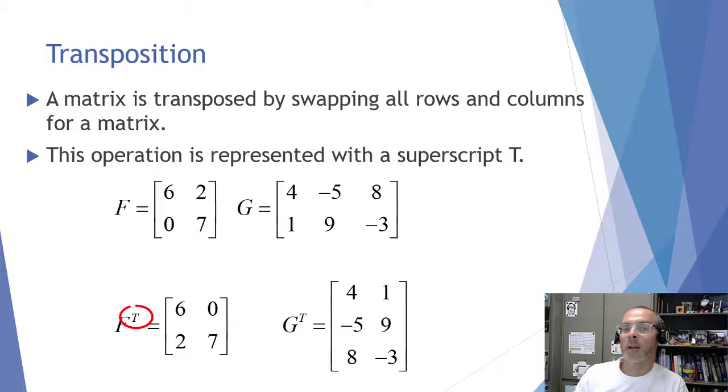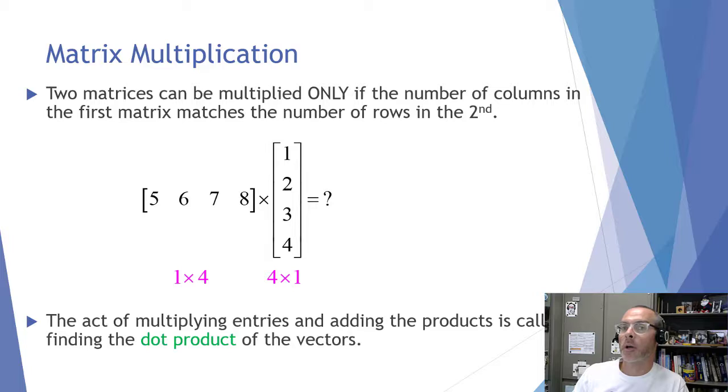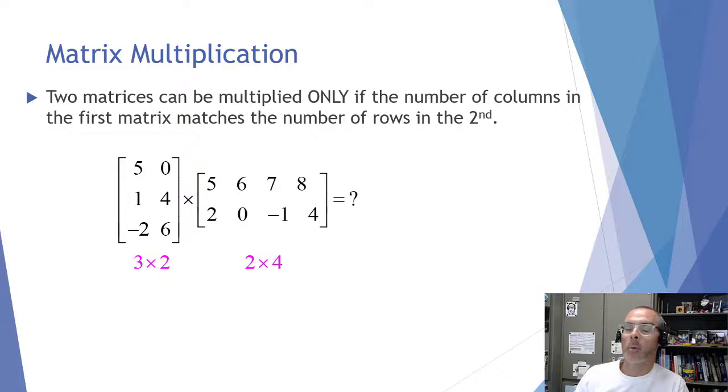And we use a superscript T to represent transposition. But here's where our real work was. We multiply matrices by finding a bunch of individual dot products, an entire row combined with a column. We always take a row from the left matrix and a column from the right matrix. But we can only do that if the number of columns in the first matrix matches the number of rows in the second, or in other words, if those two middle numbers match when you list their sizes.